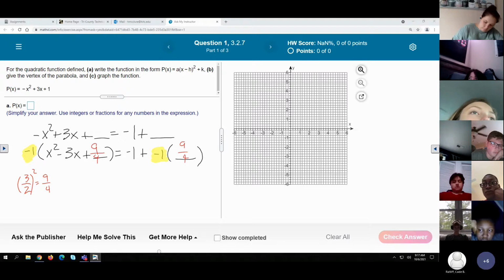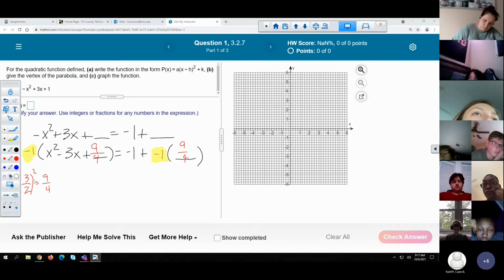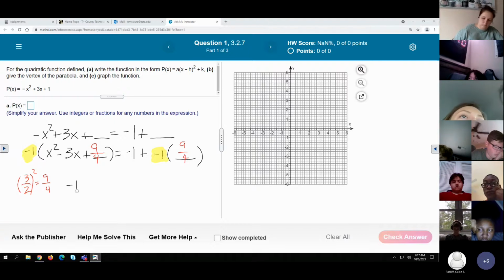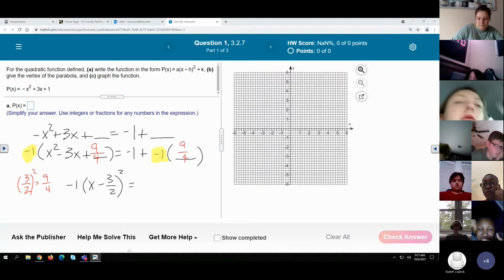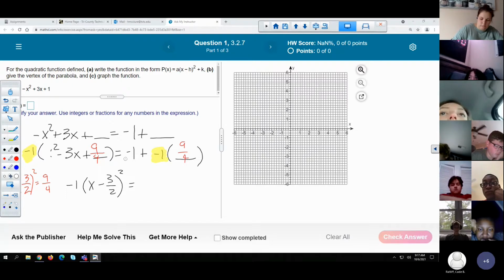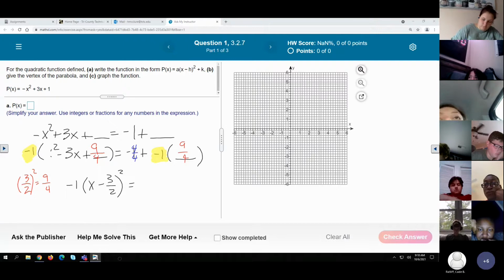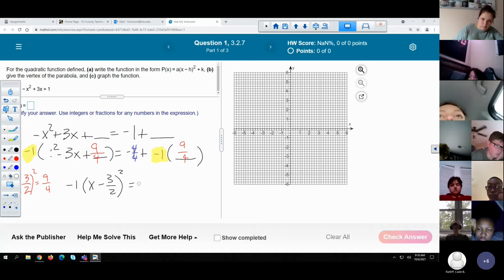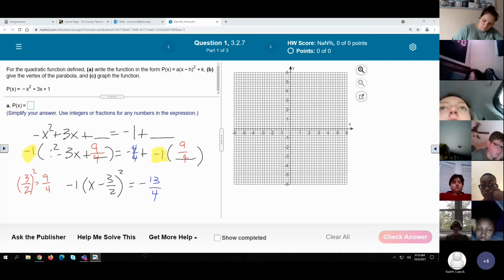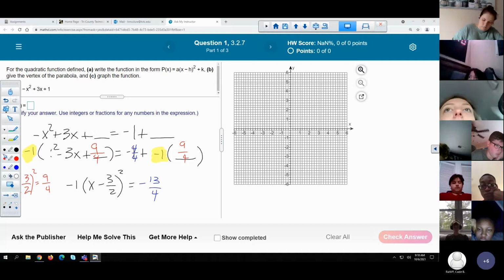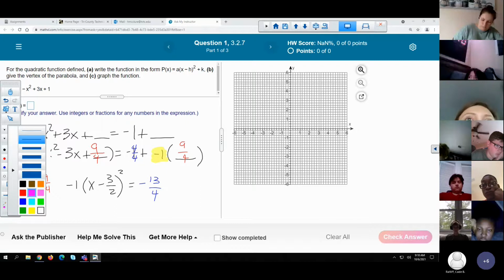Remember, they're on the Teams page called Completing the Square. x minus 3/2 quantity squared is equal to, this right here is going to be -4/4 minus 9/4 is -13/4. Somebody check my math. -13/4.